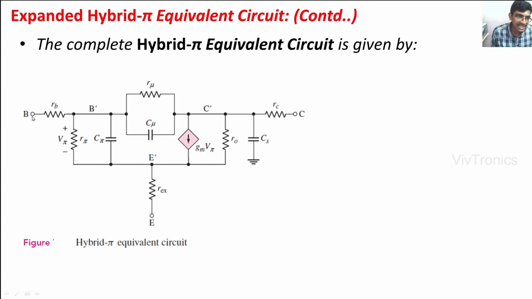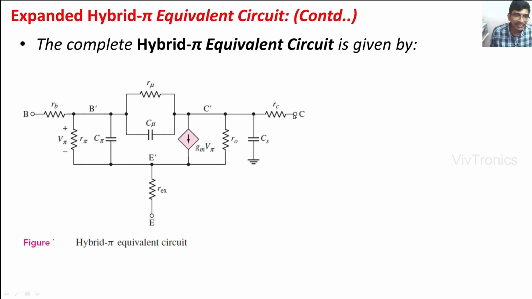So base terminal, internal base terminal, emitter terminal, internal emitter terminal, external collector terminal, and internal collector terminal. From the base to the internal base we have RB resistance, and from this internal base to internal emitter we have R pi and C pi capacitances, and similarly Rex is the resistance between internal emitter to external emitter.